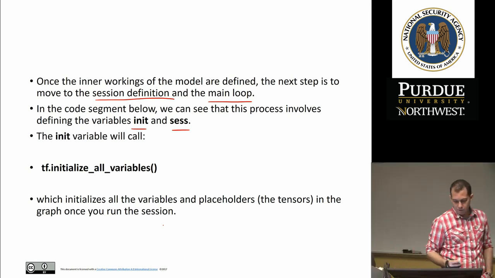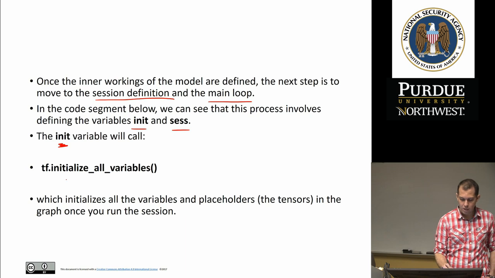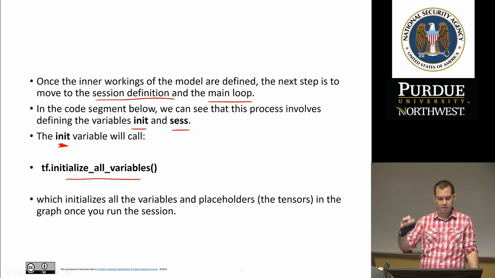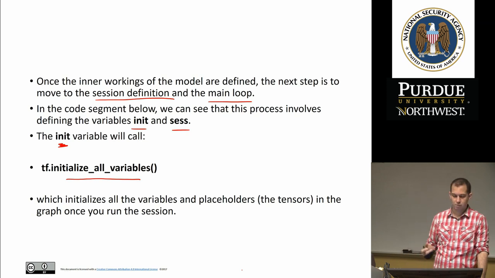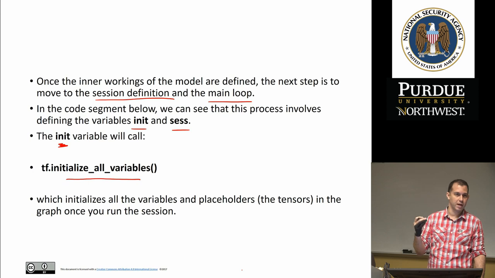For that, we have an init variable that conveniently calls something in TensorFlow called initializable variables. This is the thing that basically creates space and memory of type float, of dimensions n and 1 and so on. So this initializes all variables and placeholders, the tensors, in the graph once you run session.